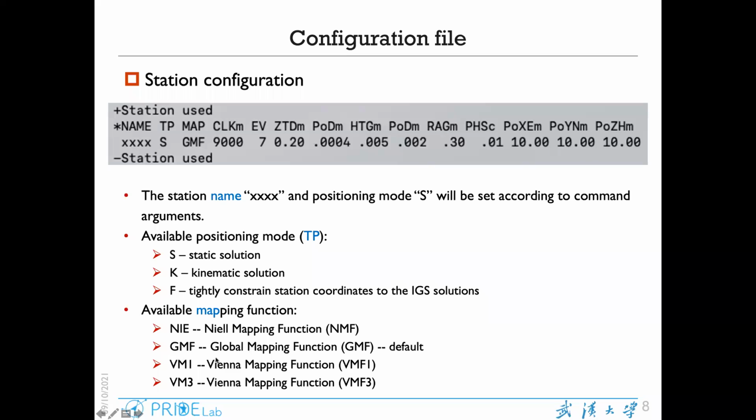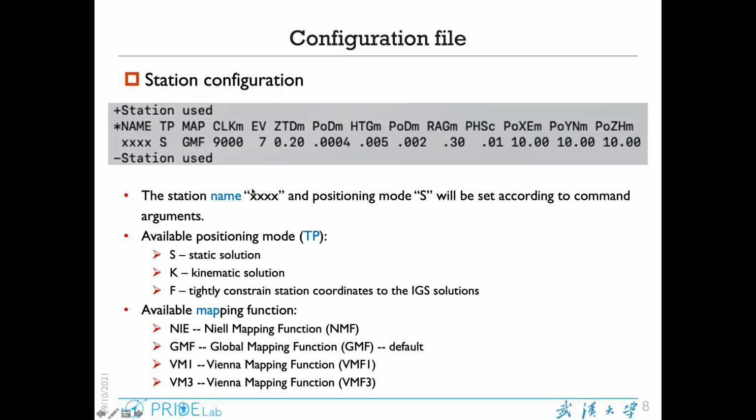The default one is the global mapping function, GMF, and you can also try VMF1 and VMF3 for better modeling of the troposphere here. You have to change the modeling strategies here yourself. Otherwise, the default value is GMF, and if you don't fill this part using the command arguments, you have to go into this configuration file to change it yourself.